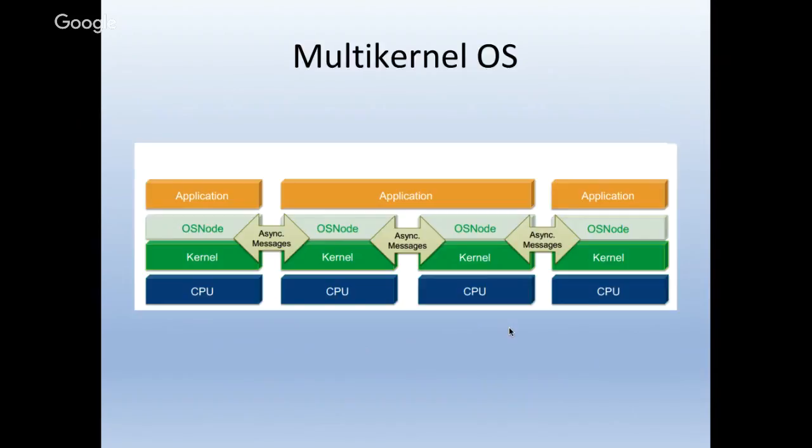We still have to run applications on top of that, and applications may share state between cores. Therefore, we replicate the state between cores using asynchronous message passing. However, a multi-kernel model is not enough for dealing with dynamic cores. So we still need to deal with the OS node.